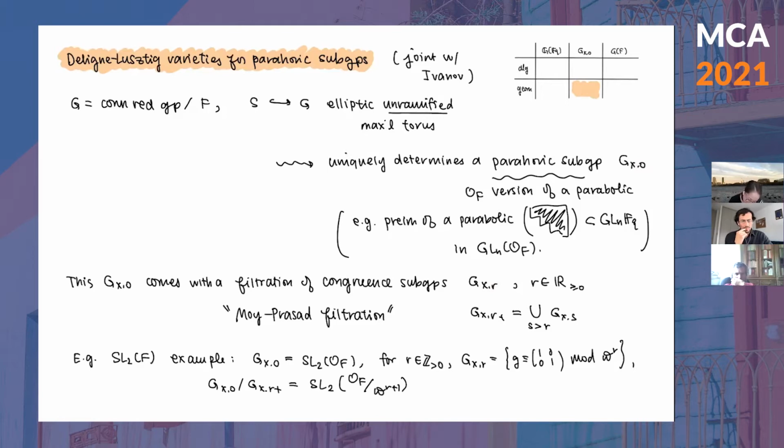And so the advantage now is that when I take a quotient of GX0 by something like GXR, what I'll get is an SL2 of ZP mod some power of the uniformizer. Okay, and so this is where I'm going to see depth. Instead of just doing SL2 ZP mod P, I'm going to do SL2 ZP mod P squared and so forth. And that's the advantage of this setting here.